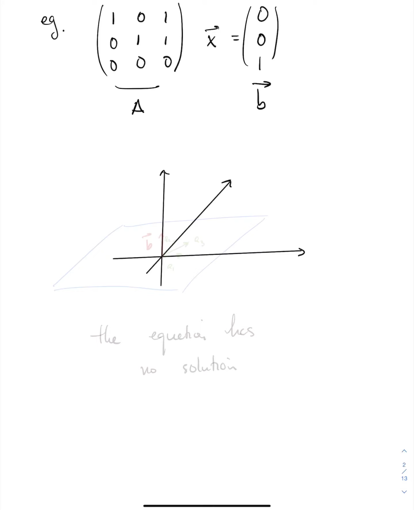Well, it actually is this plane, the xy plane, because here's A1, here's A2, and here's A3, all in the blue plane, and the vector that we're interested in, b (0, 0, 1), is in this direction. So b is not in the column space of A, so this equation has no solution.